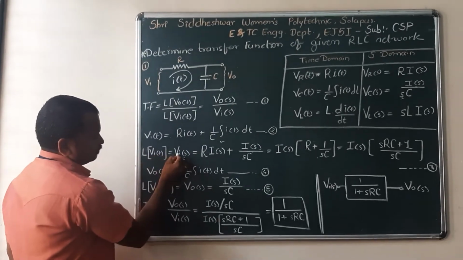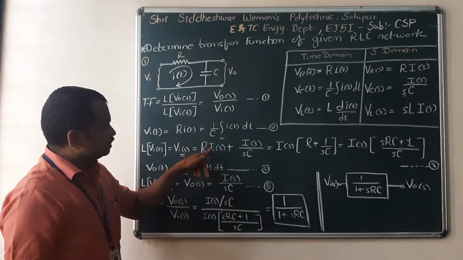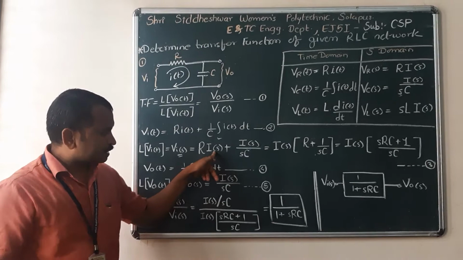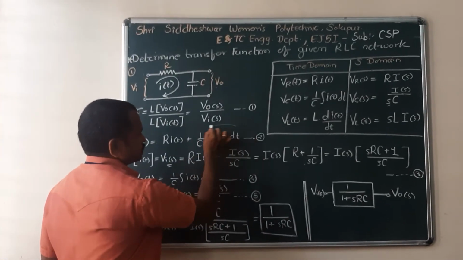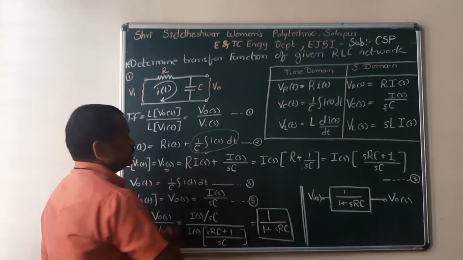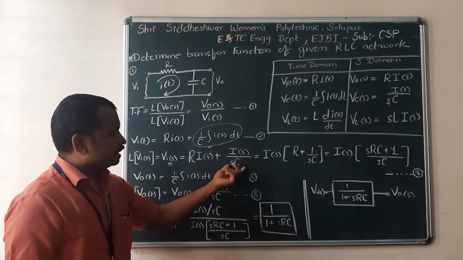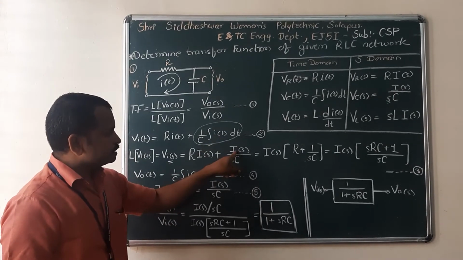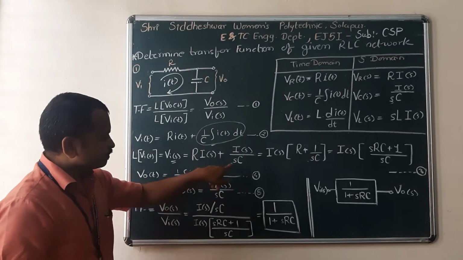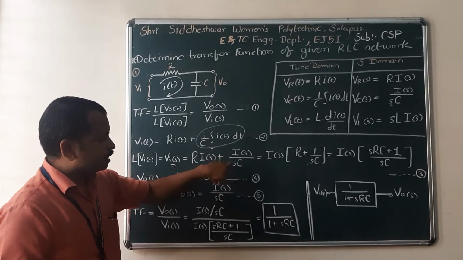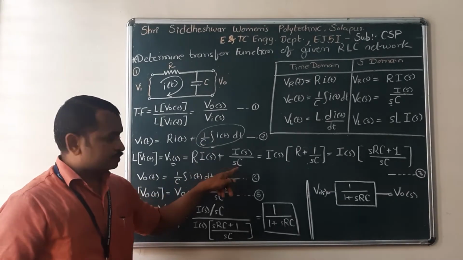VI of t becomes VI of S, R as it is, I of t becomes capital I of S. This integration sign, its Laplace is 1 by S, and C acts as a constant.